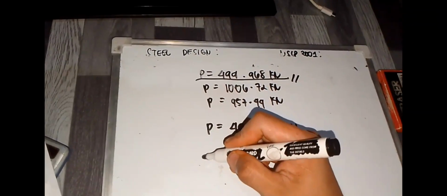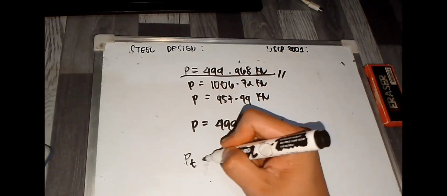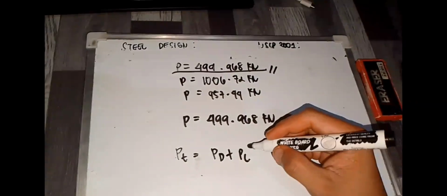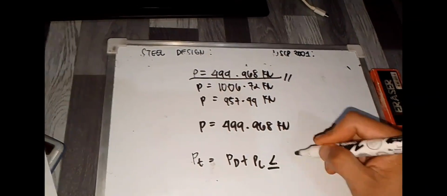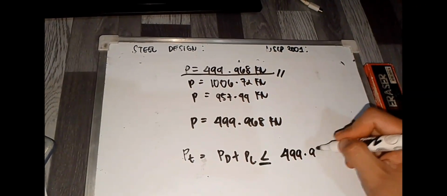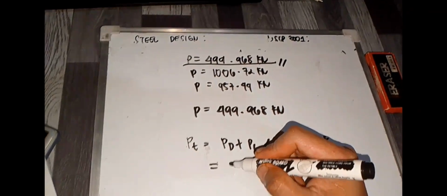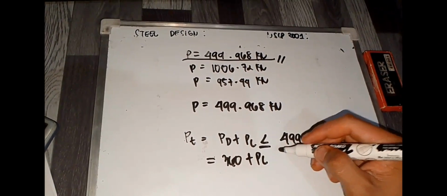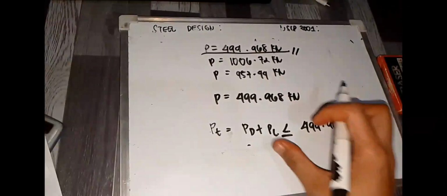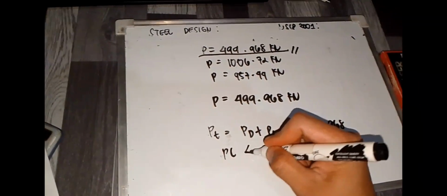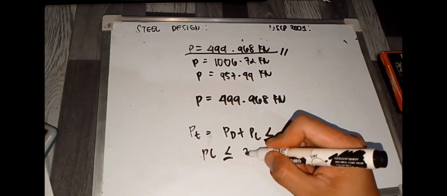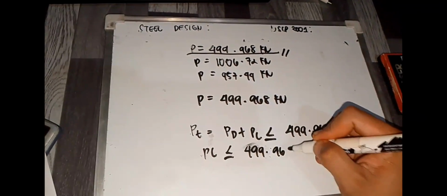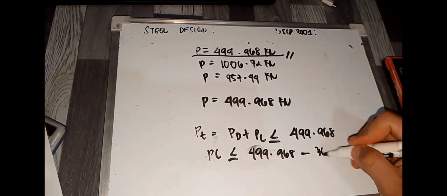The problem is to find the safe live load. So PT is equal to PD plus PL, less than or equal to 499.968. Since given the dead load, which is 360, then PL is less than or equal to 499.968 minus our dead load, which is 360.